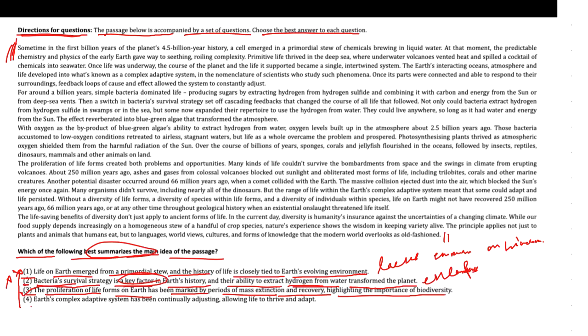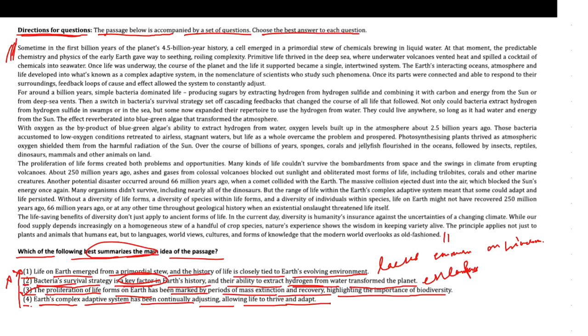The fourth option says Earth's complex adaptive system has been continually adjusting, allowing life to thrive and adapt, right? So, what about the history of life, the role of bacteria, mass extinction, and the importance of diversity, right? These things are not given in this.